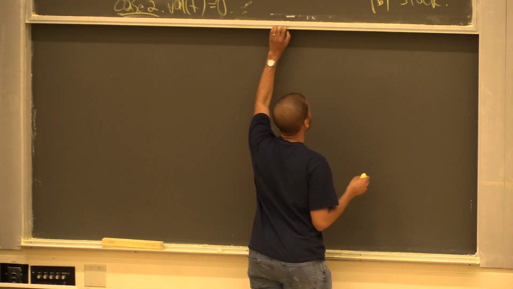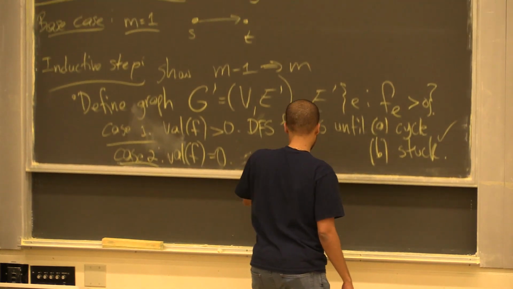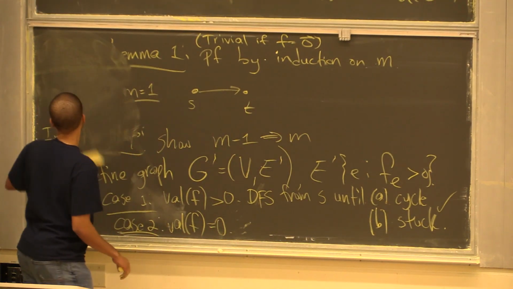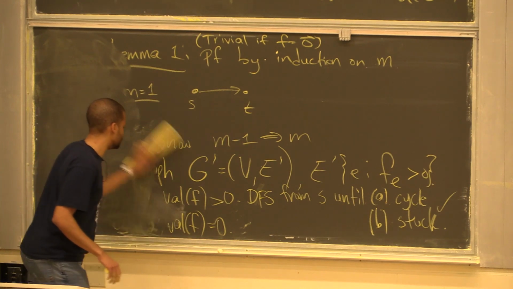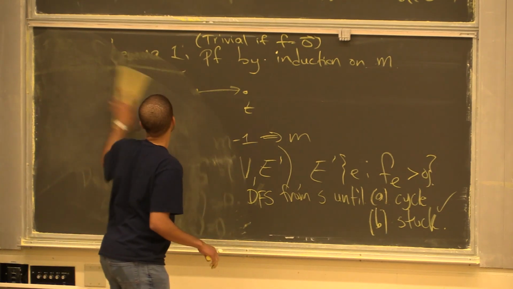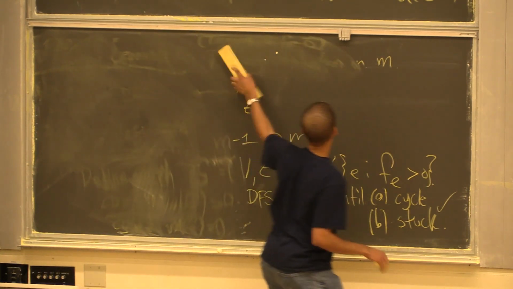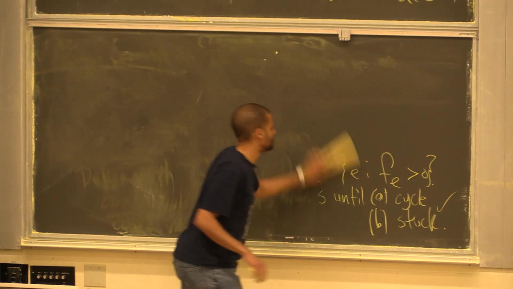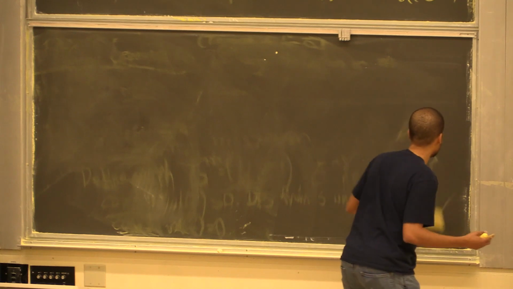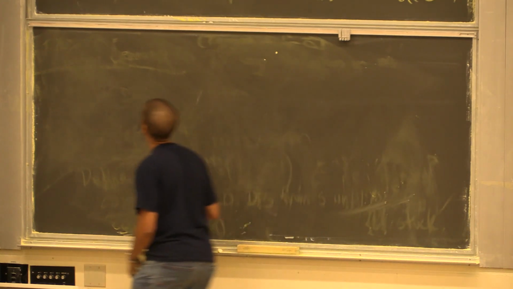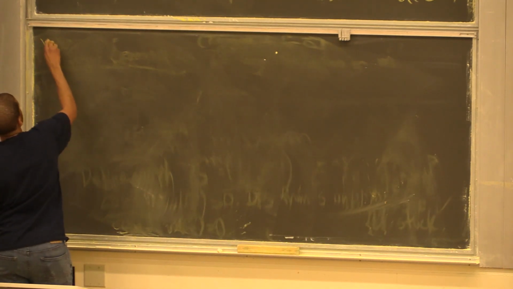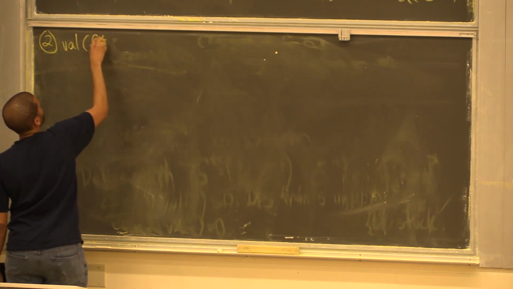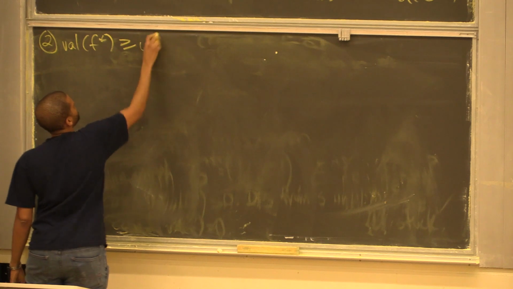So now we need to show the other direction. Right, we need to show that the value of F star is at least the capacity of the min cut. So in fact, they're equal. So now we want to show that the value of F star is at least the capacity of S star.